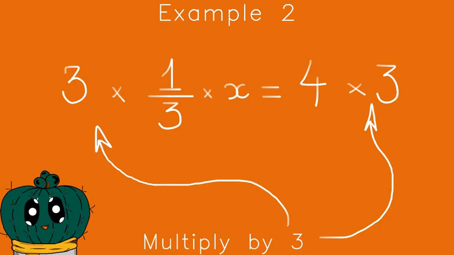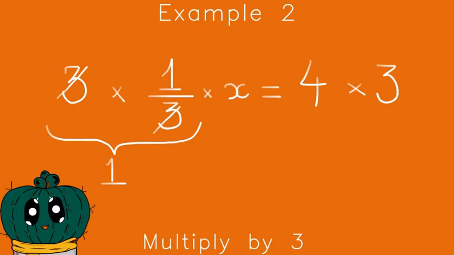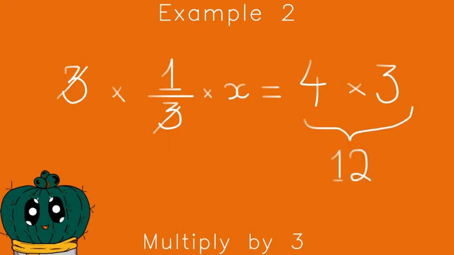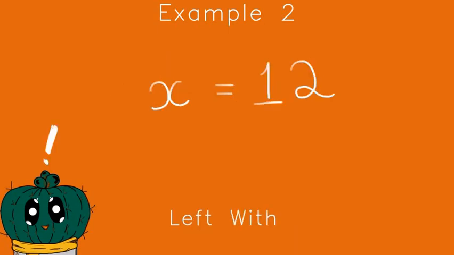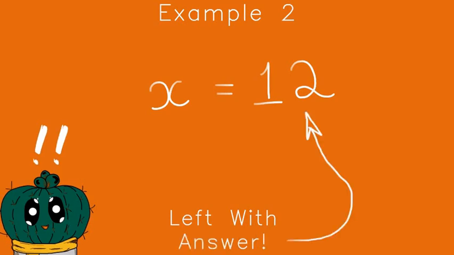That way the equation is balanced, it remains the same, it is still true. Now we can get rid of the 1/3 over here, and on the right hand side 4 times 3 is equal to 12. So we get the final result, x is equal to 12, and this is our answer. Now what does this actually mean?